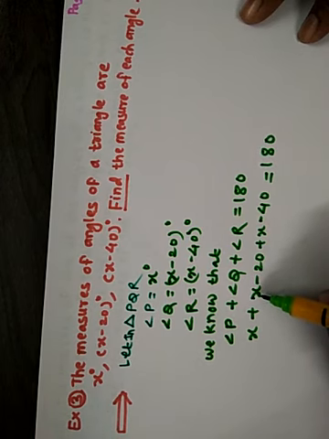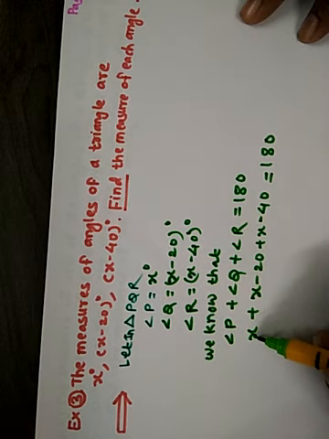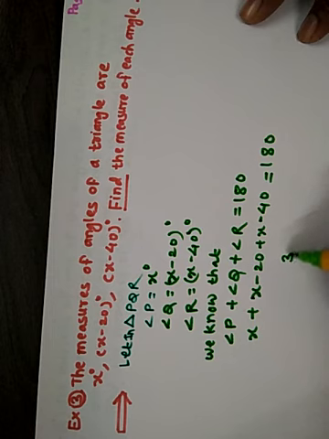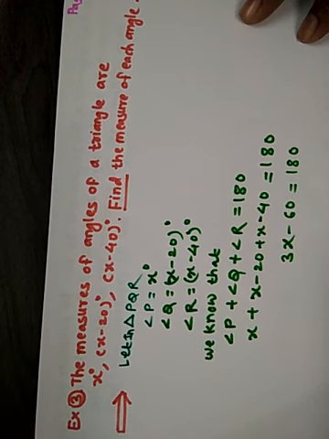Adding the similar terms, x plus x plus x gives 3x, and minus 20 minus 40 gives minus 60. This is the left hand side.